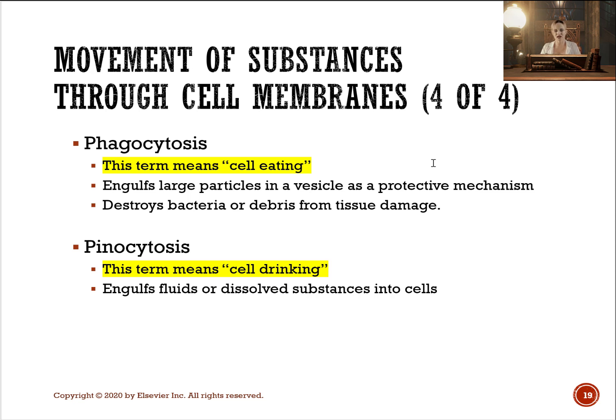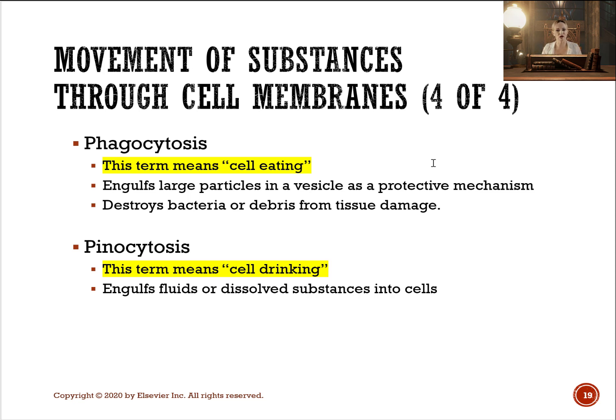So, we've got a basic understanding of active and passive transport. Well, then we have some other movements that occur. Let's talk about this. We have phagocytosis. This term literally means cell eating.